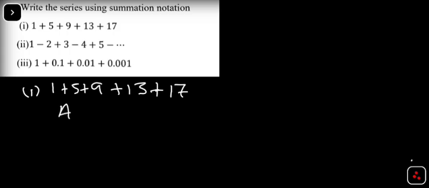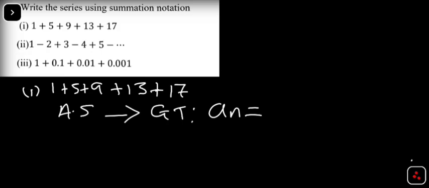And we know that for an arithmetic series, the general term, which is the GT, is a_n equals the first term a plus (n minus 1) d, where a is the first term, n is the number of terms, and d is the common difference.